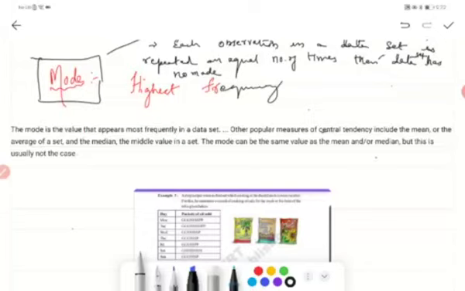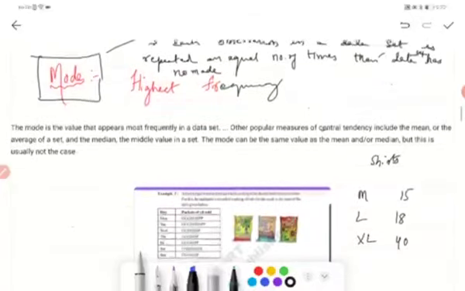A shopkeeper is selling shirts. So he needs to decide which size of shirts to order more, right? For example, if you have medium size shirts 15, large size 18, XL 40, then double XL 22.